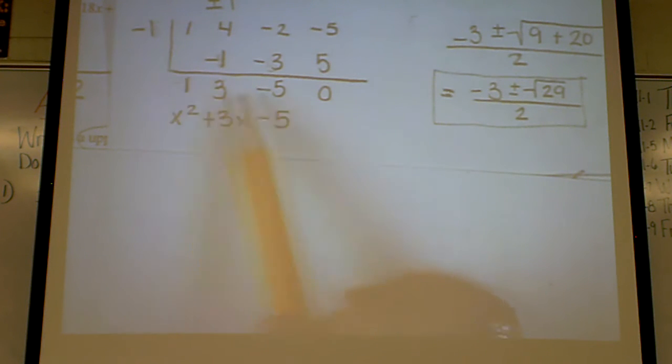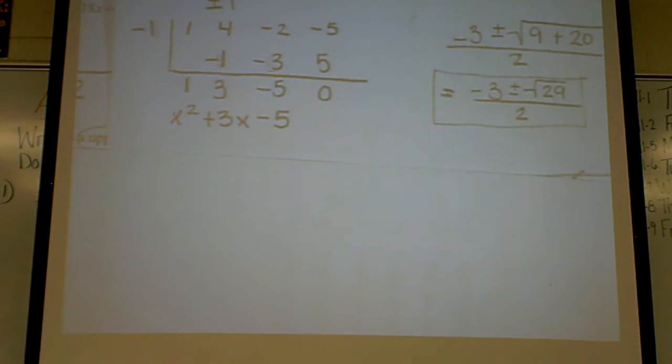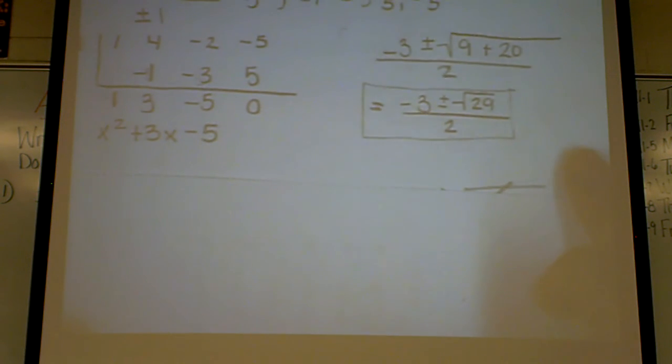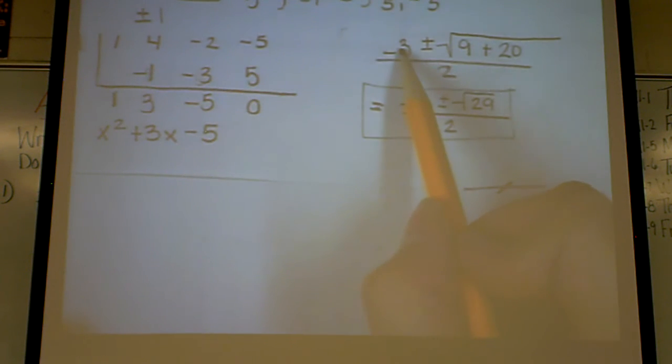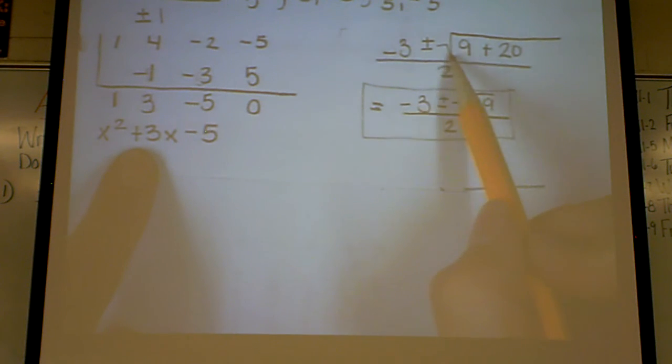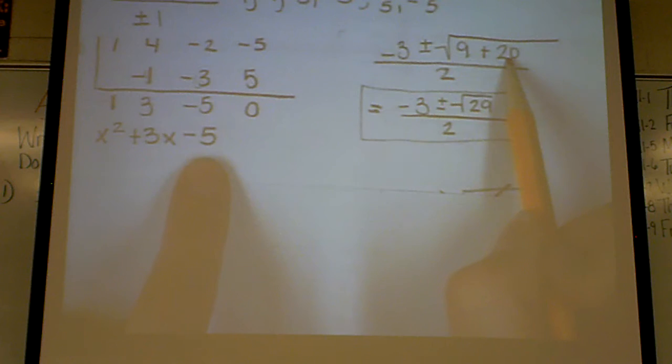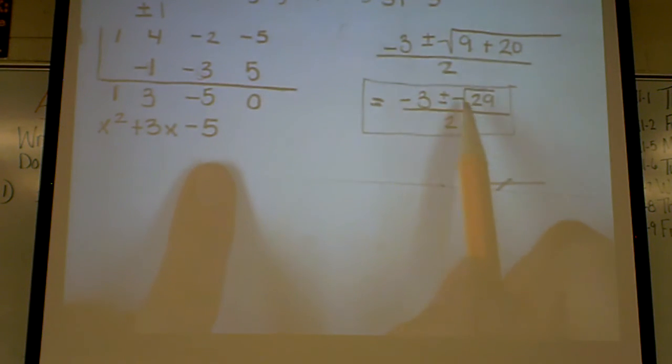Then this right here turns into x squared plus 3x minus 5. Can we factor that? No. I use the quadratic equation. So you do negative b plus or minus the square root of b squared minus 4 times a times c, all over 2a.